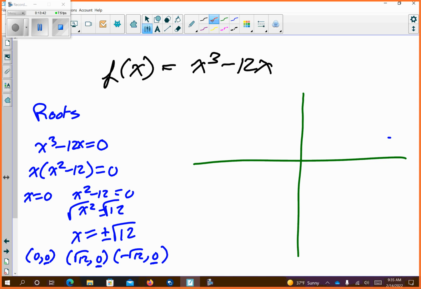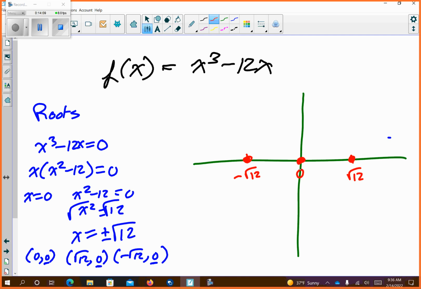And so I know roots are taking place here, negative root 12 and positive root 12. And think about it, root 12 is between 3 and 4. So I don't necessarily have to have other things labeled on the number line. That's the first part of our graph, and then we have 0. So we have the roots that are there.